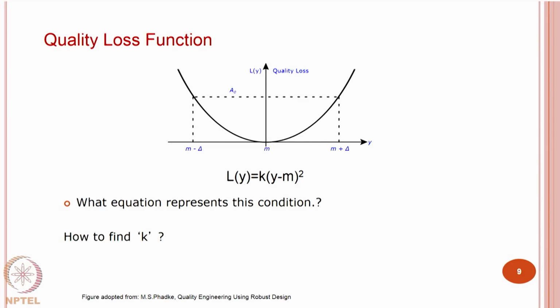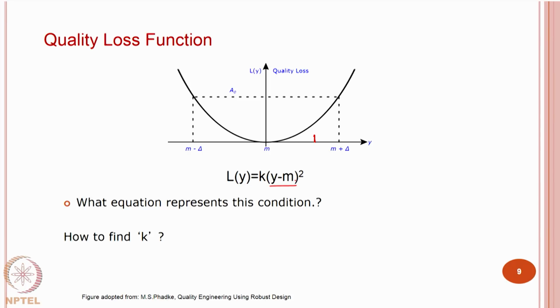The quadratic curves usually take the form y equals mx squared, but this is not the usual notation here. This y minus m is nothing but the deviation. y is the value that you are talking about, and minus m is normalizing. m is my original value that I would like to have, and y minus m is the deviation.